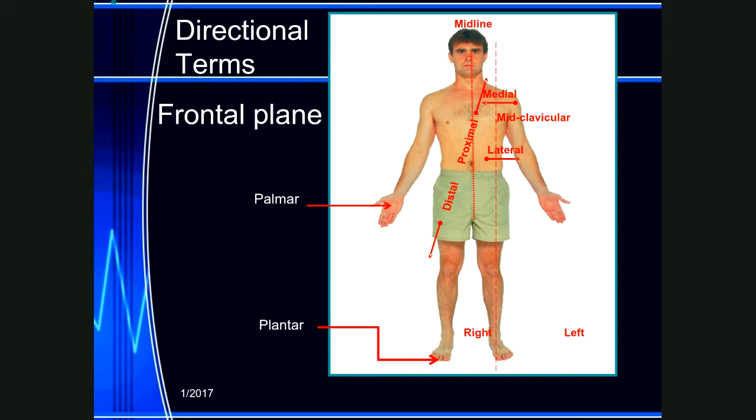Bilateral also we use if we have possible fractures of the femurs, the large bone in the upper leg. You can have two fractured femurs. It's easier to say bilateral femur fractures.